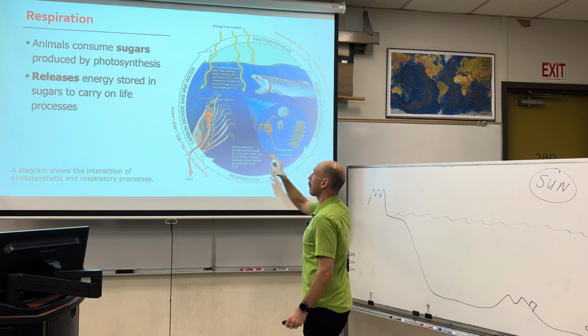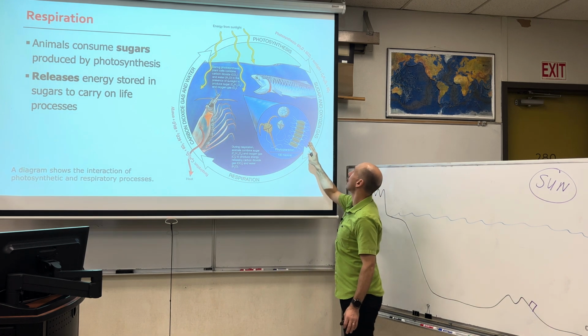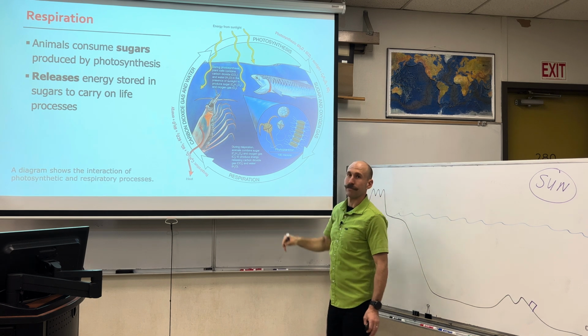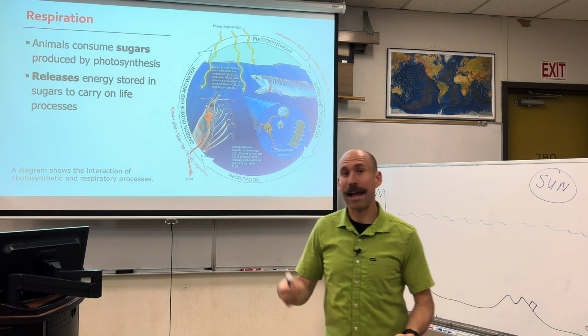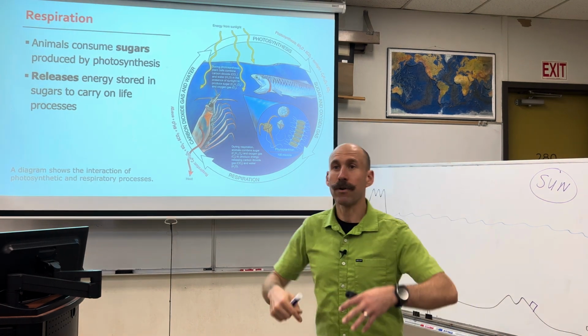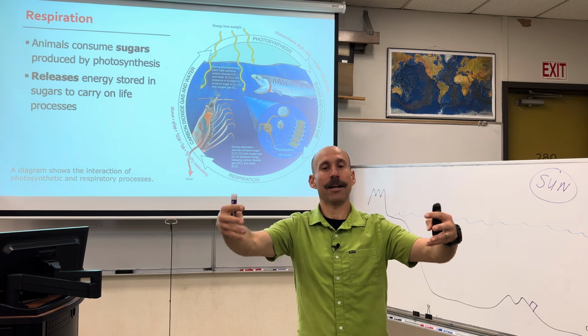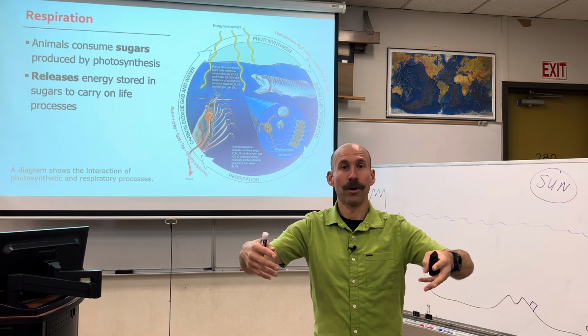So the other side of photosynthesis, let's go back to that conversation, is respiration. This is the balance by animals, by marine life, by animals within the pelagic and the benthic environments. So photosynthesizers use carbon dioxide and water to produce oxygen and sugar.